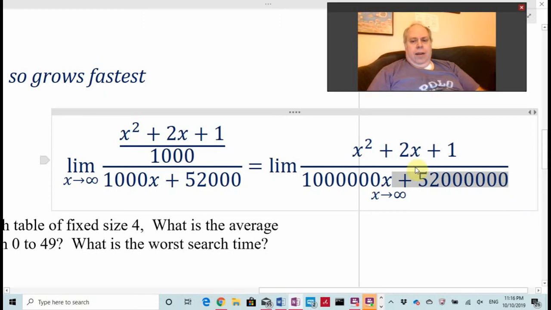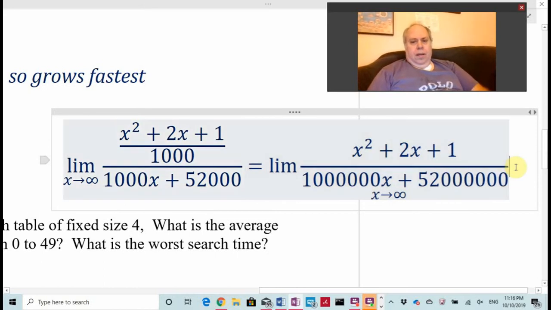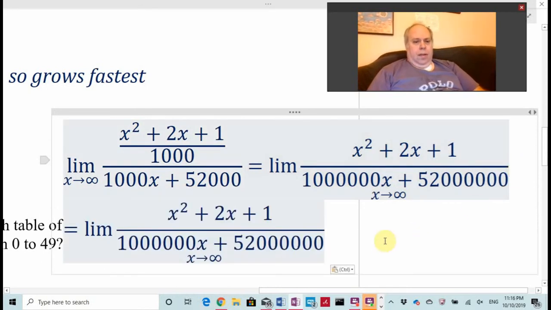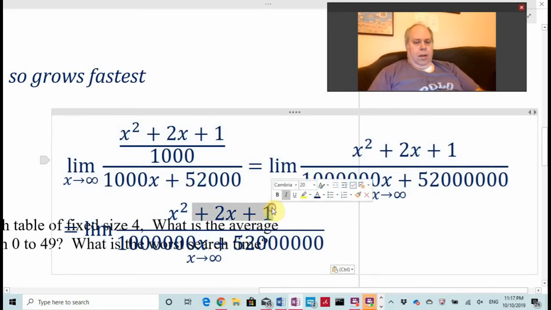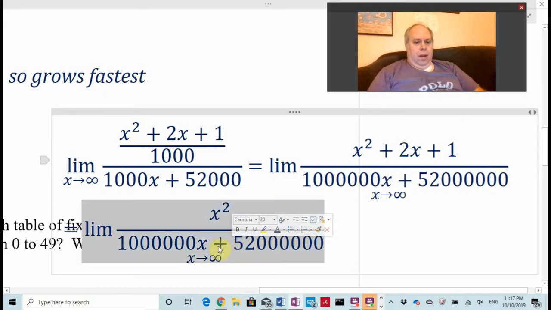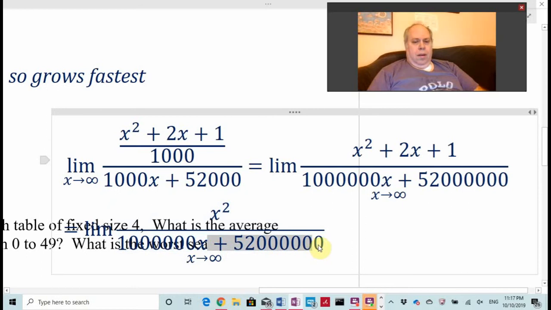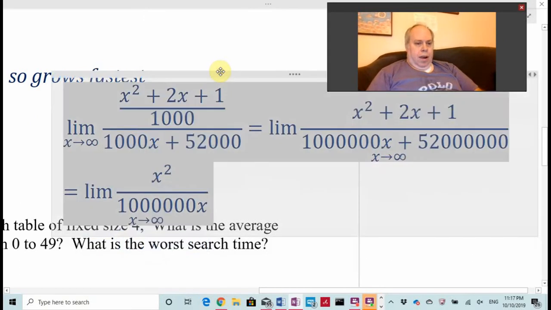So let's get rid of the lower order terms.